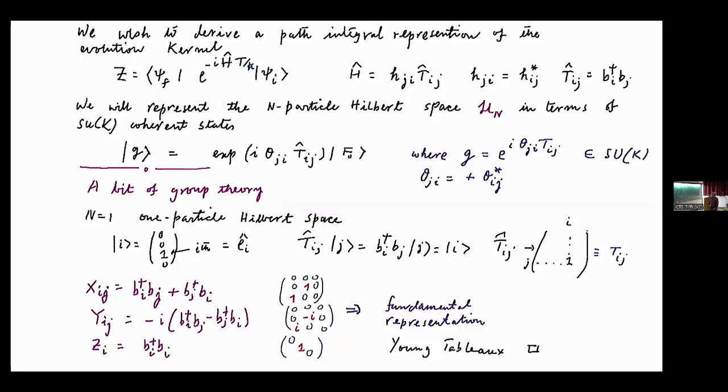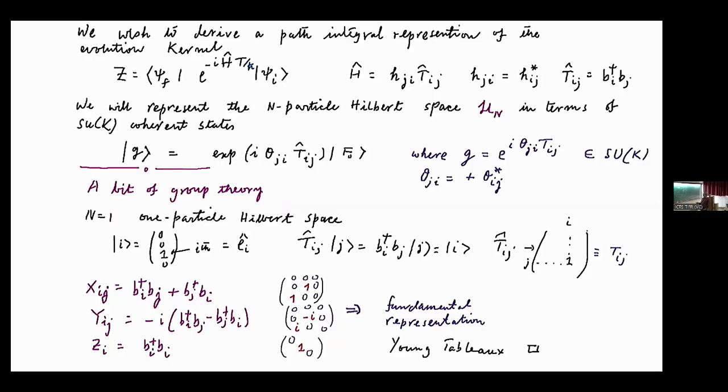Let me just say a bit of group theory. For this K-dimensional Hilbert space with n equal to 1, which is the one particle Hilbert space, I have already said that the T_ij satisfy the commutation relations of SU(K). So this turns out to be just the fundamental representation.